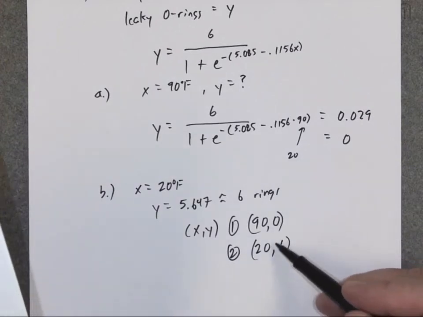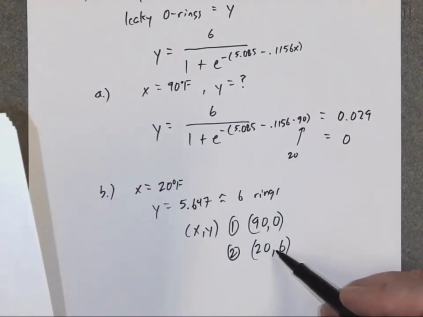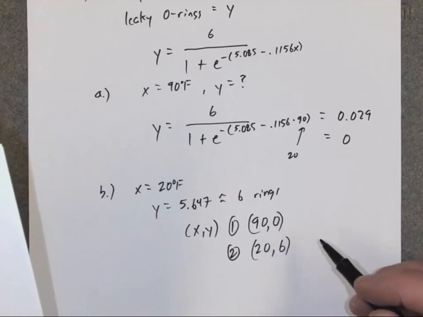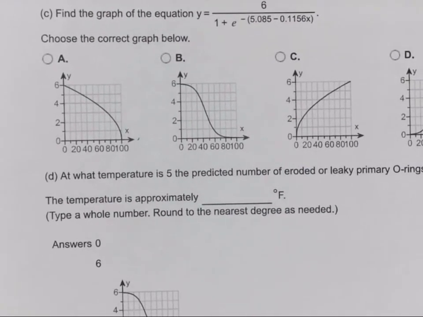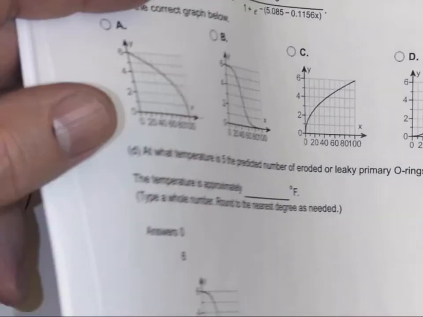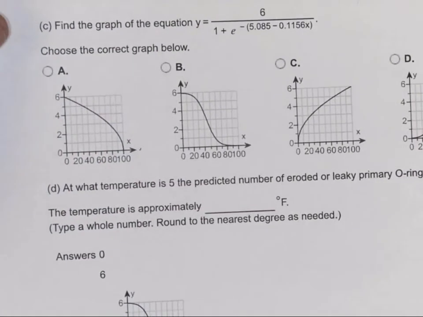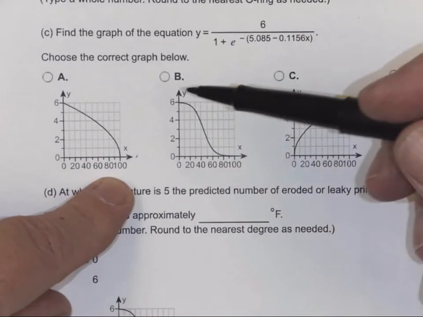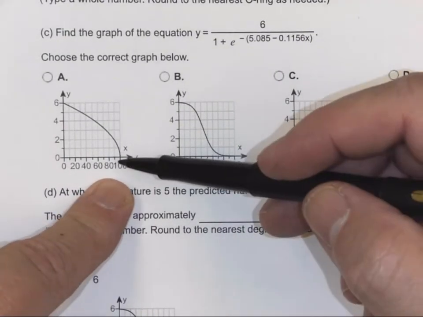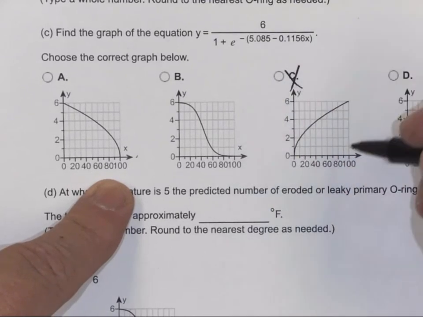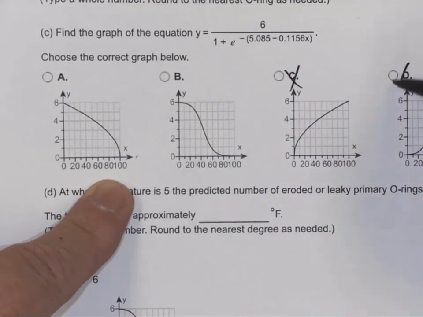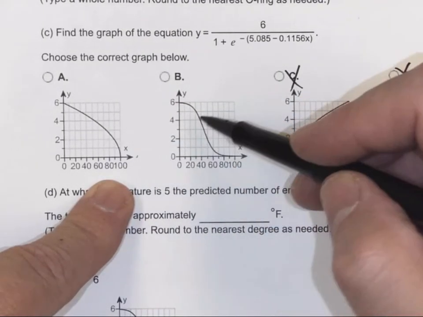Let's see if we can tell which should have these 2 points on the graph. So let's zoom in a little bit. First let's look at 90, 0. X 90, Y 0. So X 90, Y 0 here and here. This one is definitely not correct. This one's not correct. So now I've narrowed down to this and this.